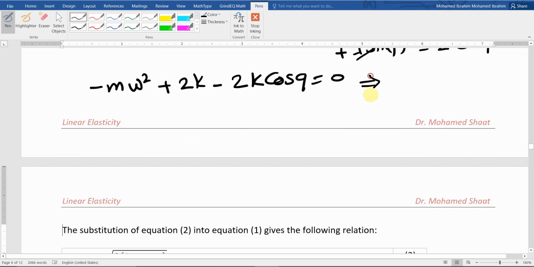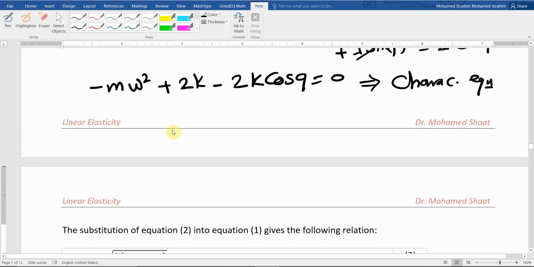In the vibration class we used to give it a name: the characteristic equation. This is the eigenvalue equation, commonly known as the characteristic equation of the vibration, which for wave propagation relates the wavelength or the wave number to the frequency at the atom number n.